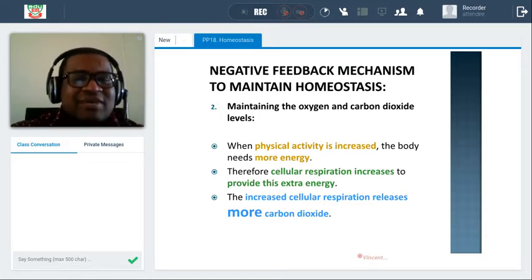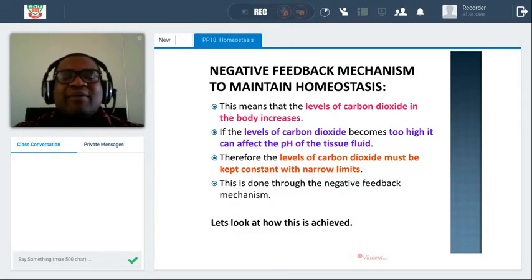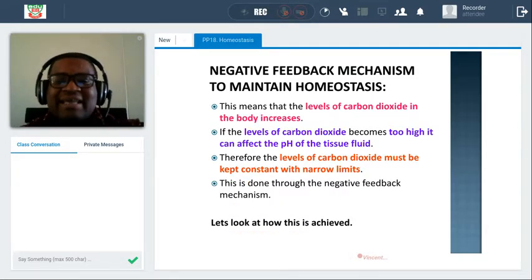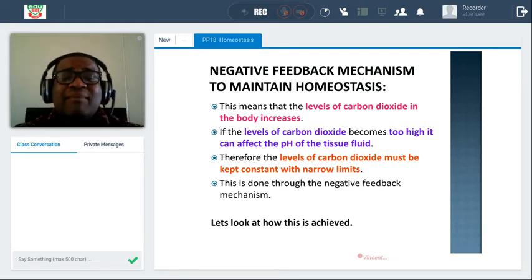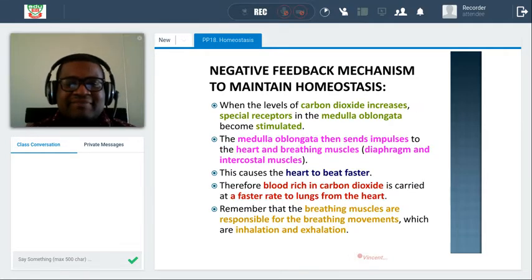So carbon dioxide increases during activity as a result of increased cellular respiration. So this means that the level of carbon dioxide has now increased. And if the level of carbon dioxide becomes too high, it can affect the pH of the tissue. Therefore, the level of carbon dioxide must be kept within the narrow limit. This is done by the negative feedback mechanism.